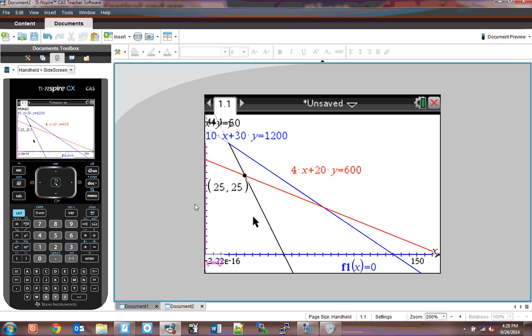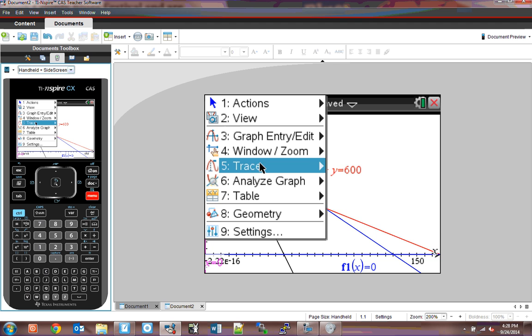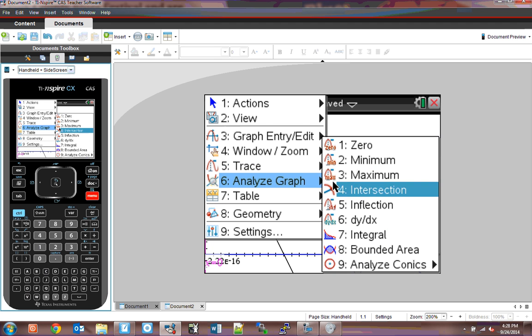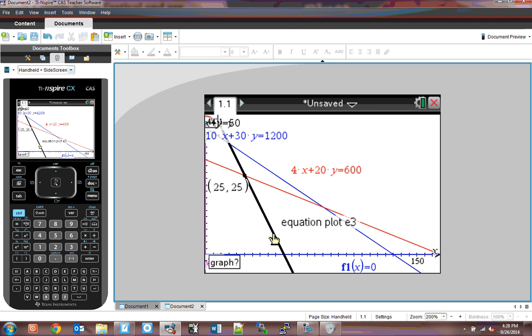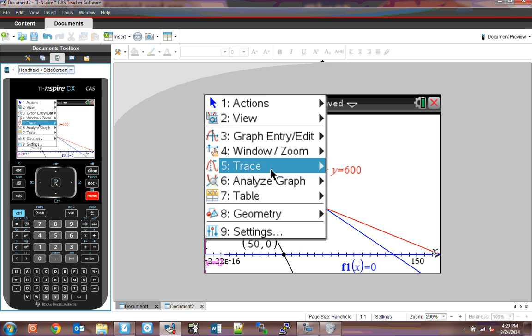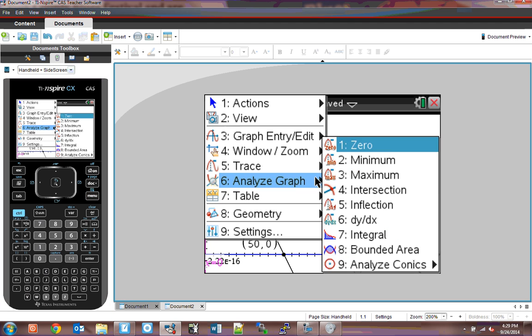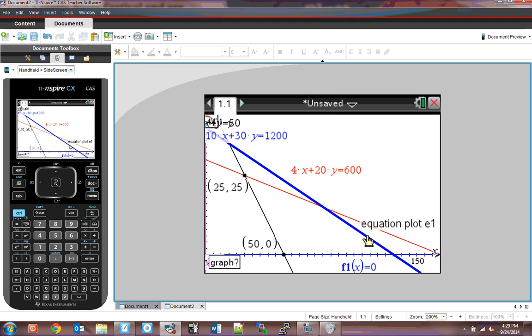Now let's do this one down here. So we go back to Menu, Analyze Graph, Intersection, pick this line, go to the left, go to the right. So that is 50, 0. Now let's do this one. Same concept. Menu, Analyze, Intersection, pick this graph, that one, lower, upper.